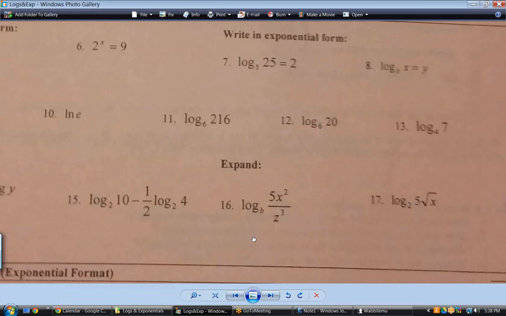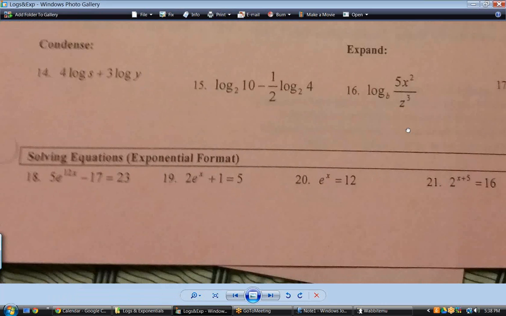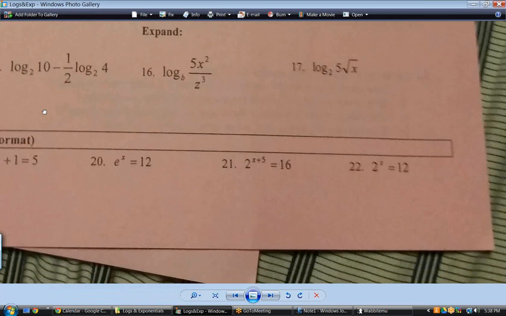That was condensing, those two. This is expanding, merely going the other way.